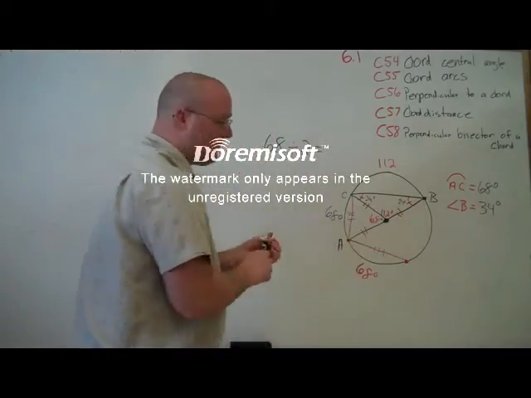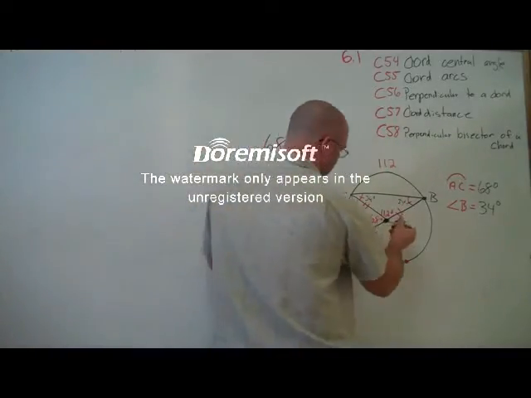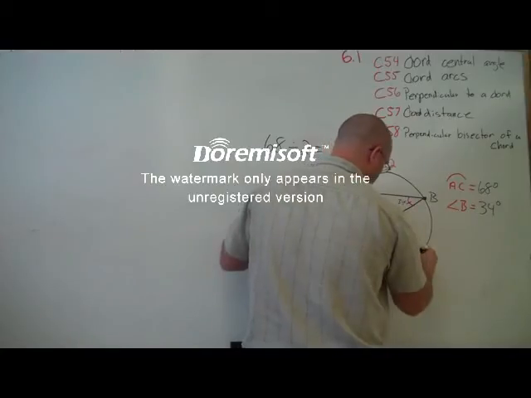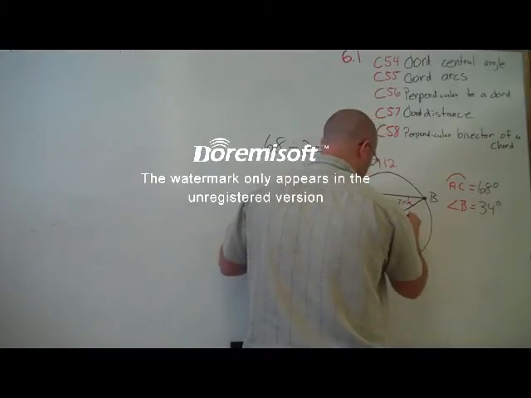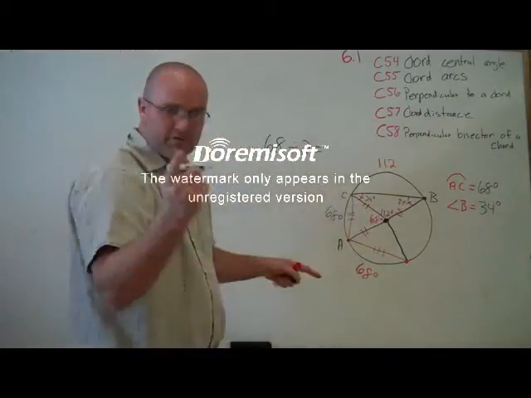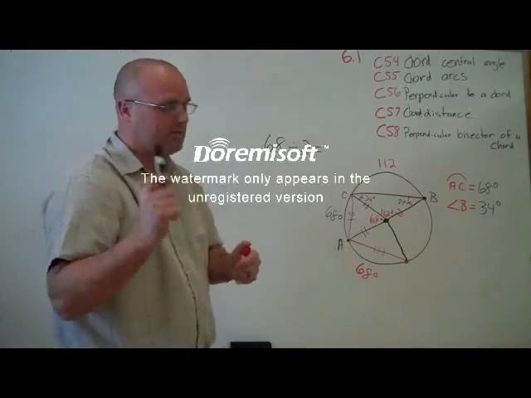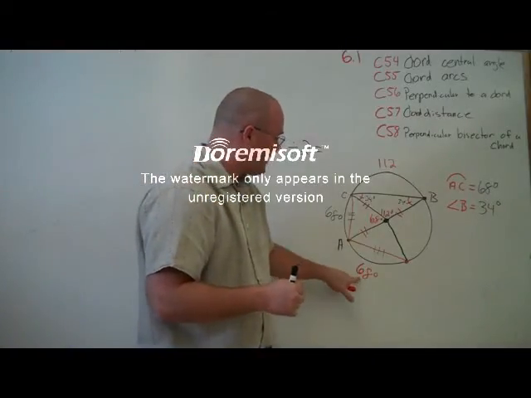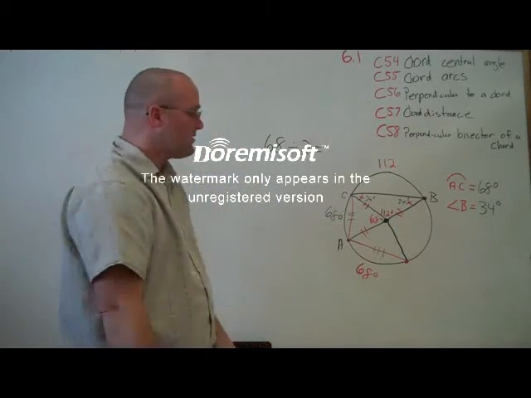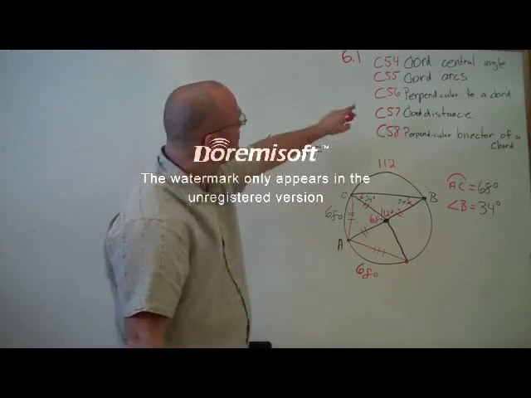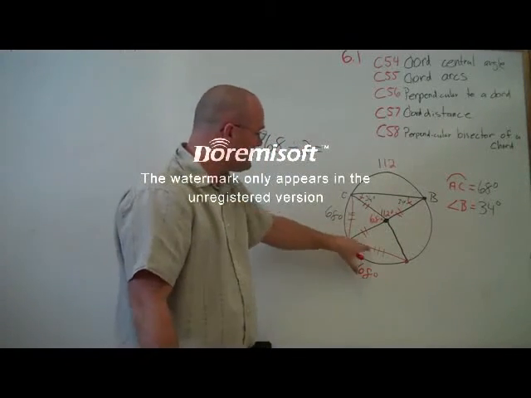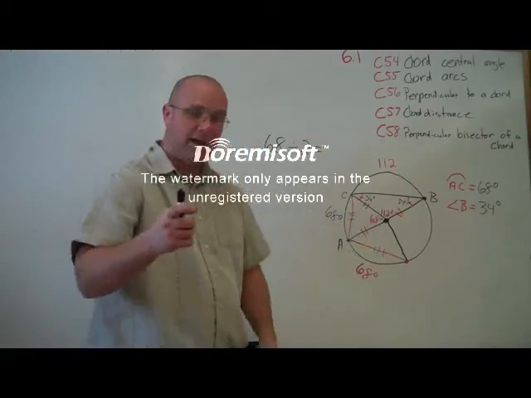And then, if I do another line from here to here, same thing as the central angle, that means if this arc is 60, this has to be 60. Also, chord central angle conjecture. If this chord's the same, that means the central angle has to be the same.